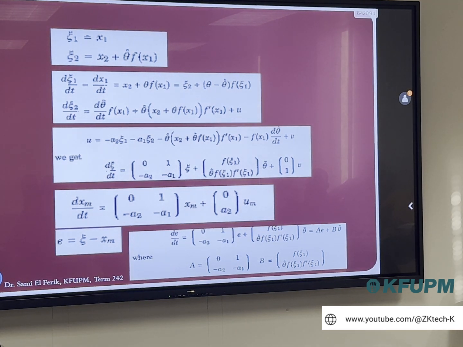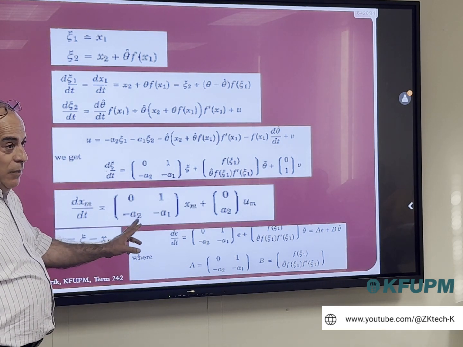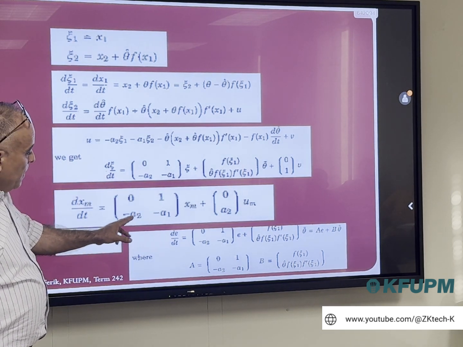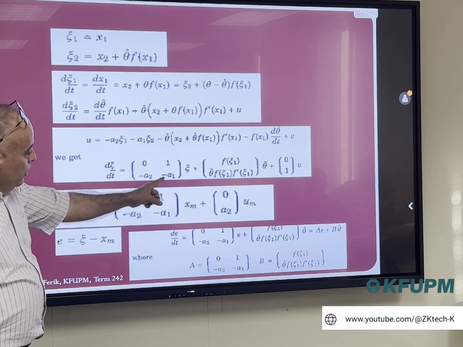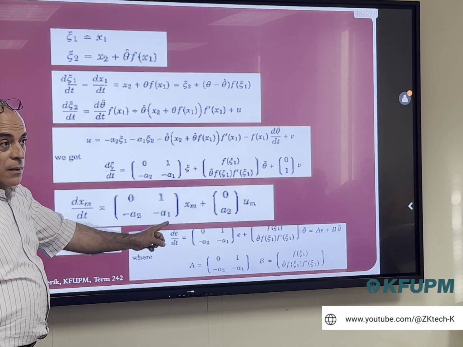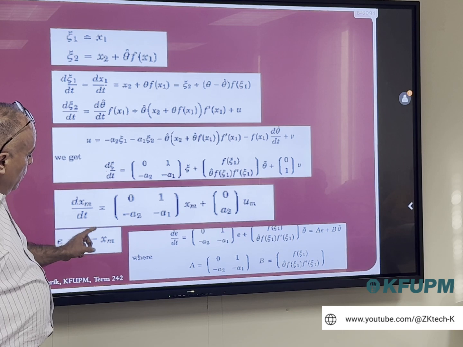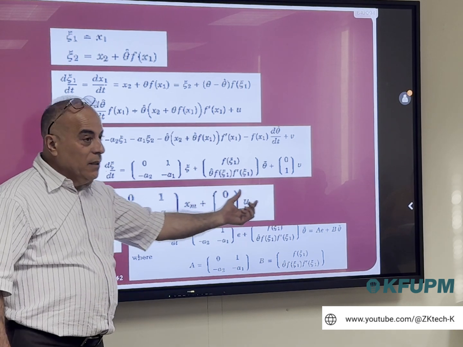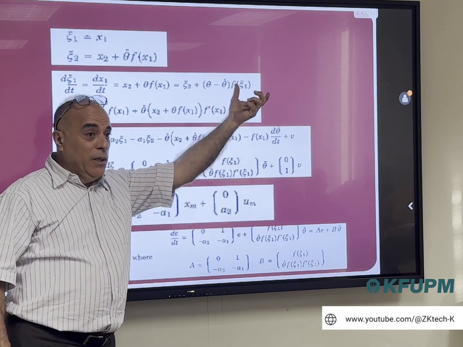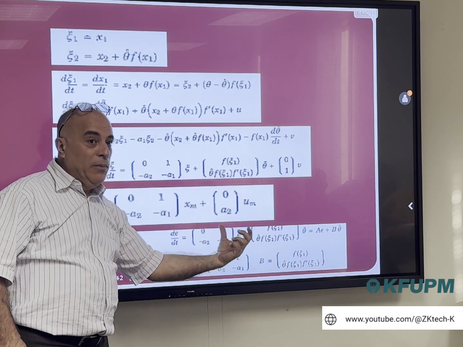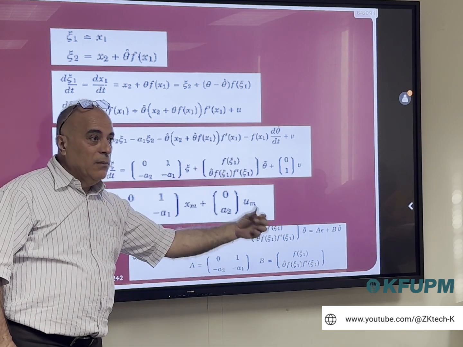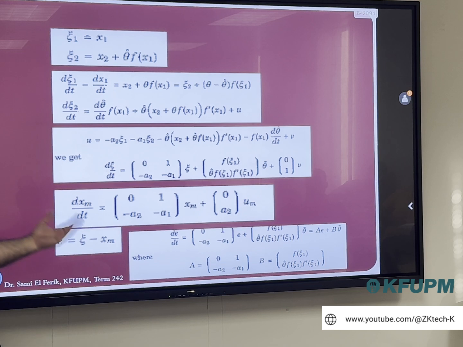So we can manipulate this A2, A1. For example, suppose that here we have 1, 2, here we have 3, 4. So we need to come to our controller and we add a component that has 0, 0 numerator. So the denominator will be minus k1 minus k2 multiplied by the state, right? That we will add to our controller.